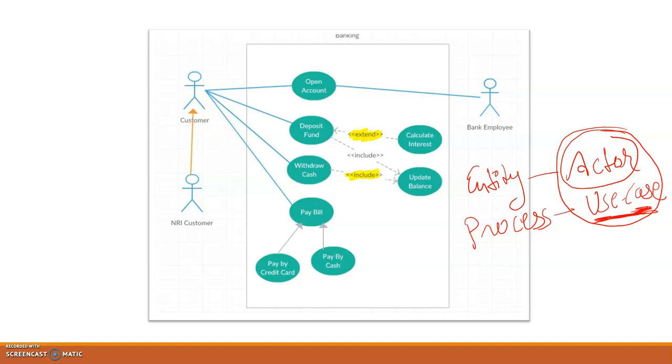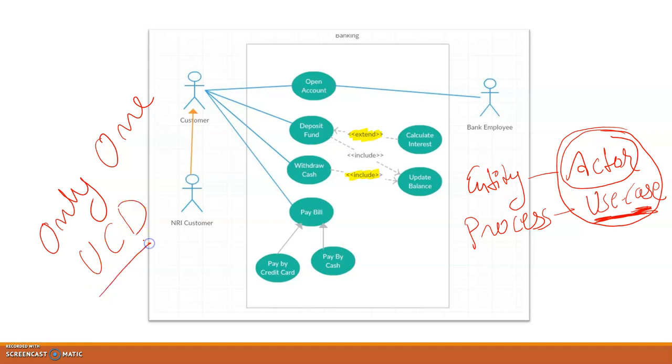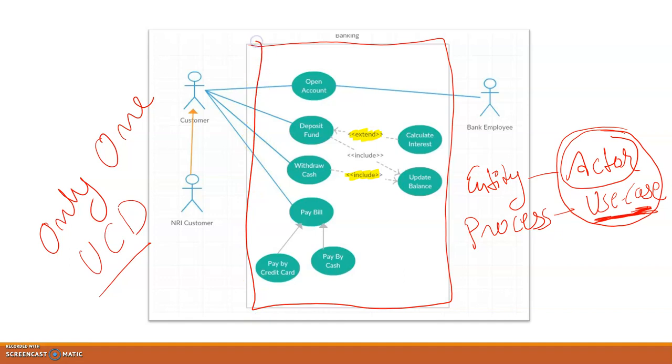One more thing: each system has only one use case diagram. Only one. In this use case diagram, you just need to draw the boundary. After drawing the boundary, draw the actors. After drawing the actors, mention all the use cases and then show the associations.